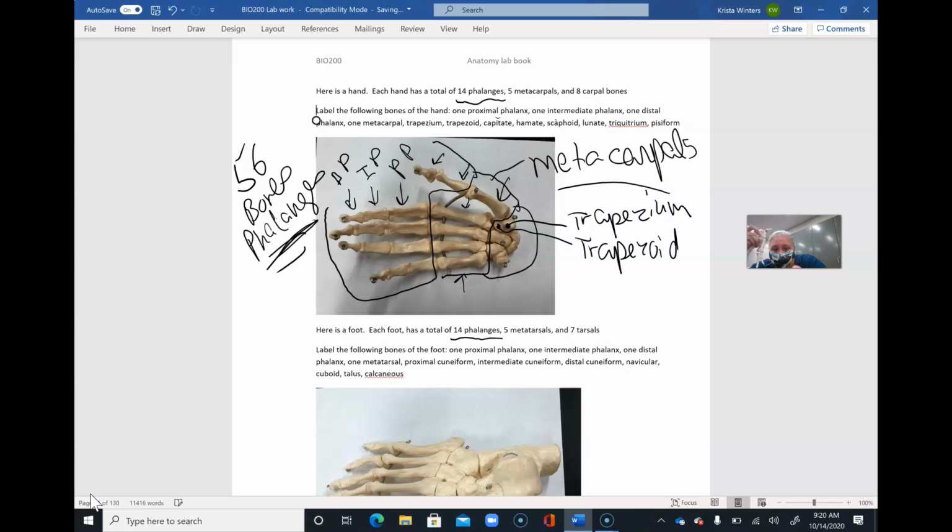And then this long bone here is your capitate. So right here is capitate, right in the middle of the distal carpals. The last bone is your hamate.